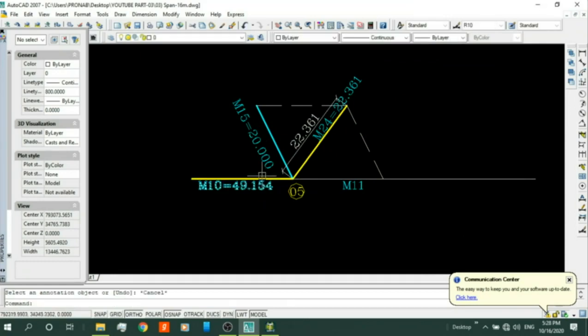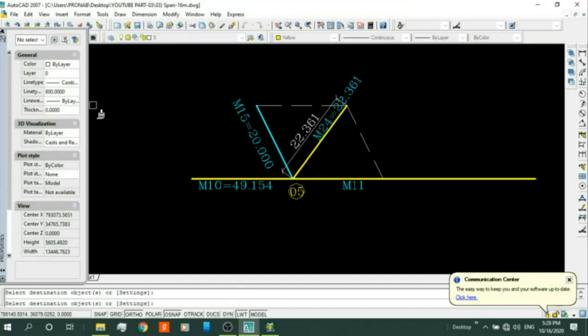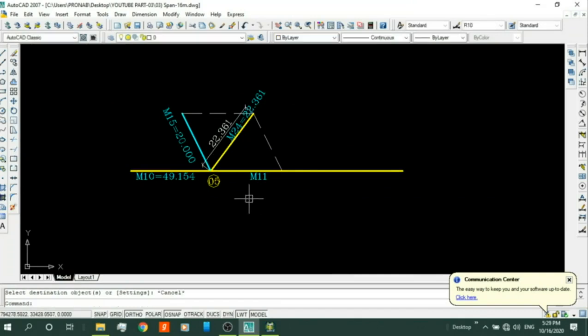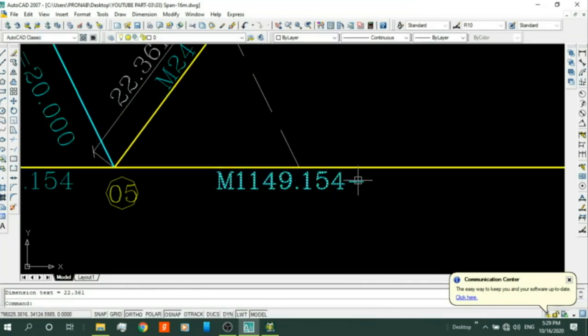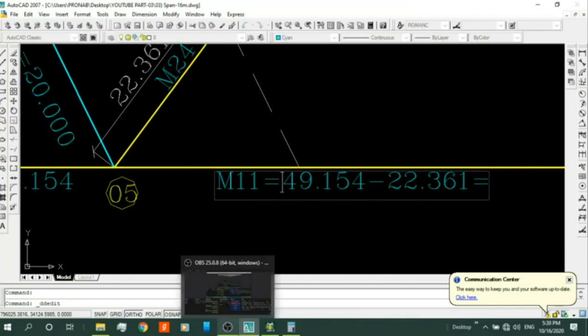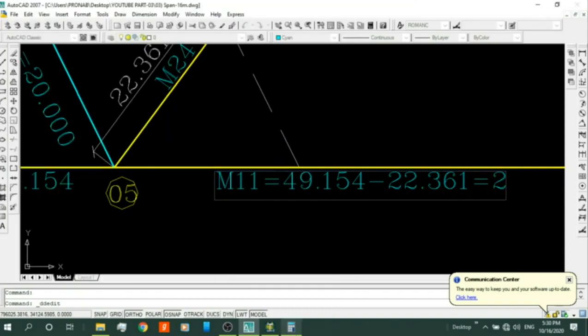Member 11 is also a compression member. The value of M11 is equal to 22.361.